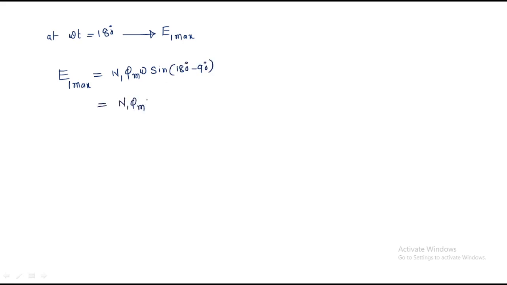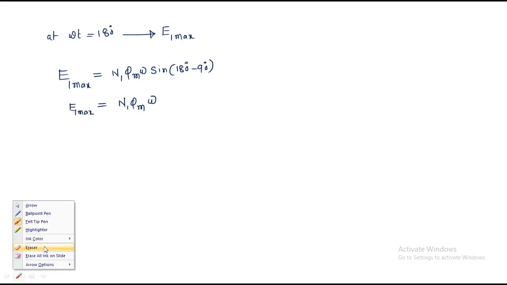Therefore at ωt equal to 180 degrees we get E1 max, which is equal to N1 φm ω sin(180 minus 90), which is equal to N1 φm ω.